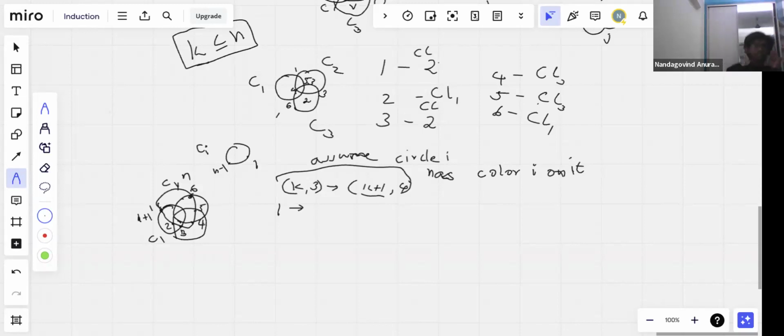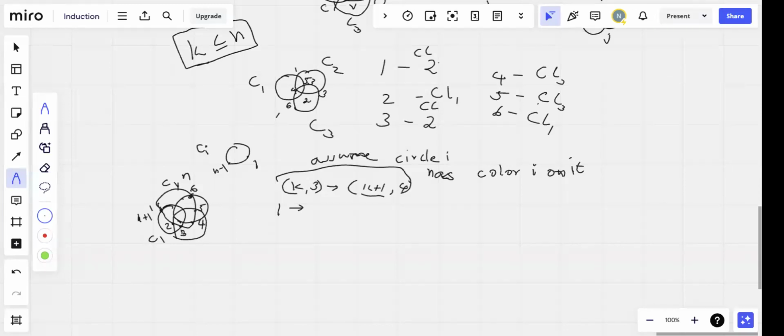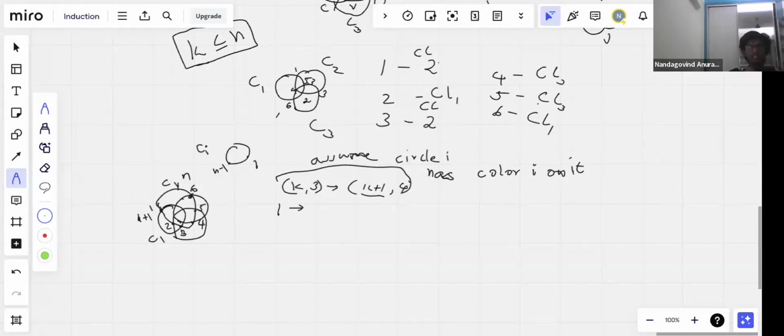Actually, k equal to 1 to n is not true, by the way, because every color has to appear. I guess there might be a mistake. That will be mainly on the base cases, so you will actually just show that some base cases don't exist. In fact, the idea is k greater than or equal to 3, less than or equal to n, for all n.